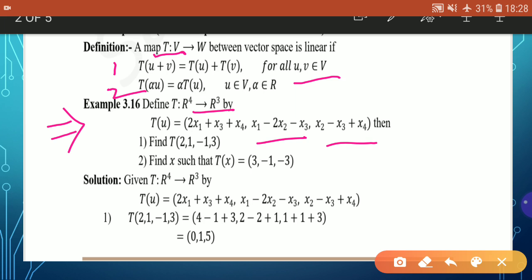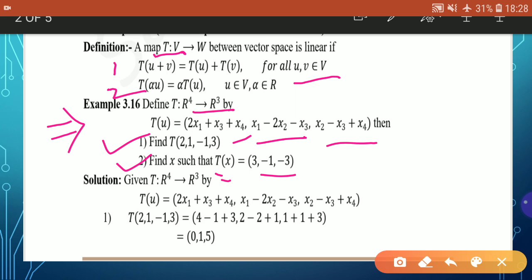Then first find T at (2, 1, -1, 3), and second find x such that the vector is mapped to (3, -1, -3). So in the first case we need to calculate the image of this element, and in the second case we need to calculate the pre-image x of this particular image. Let us see how we are going to do it.